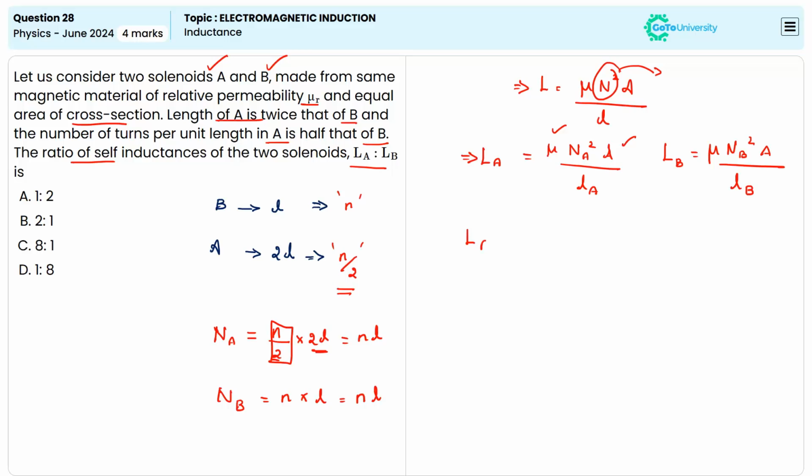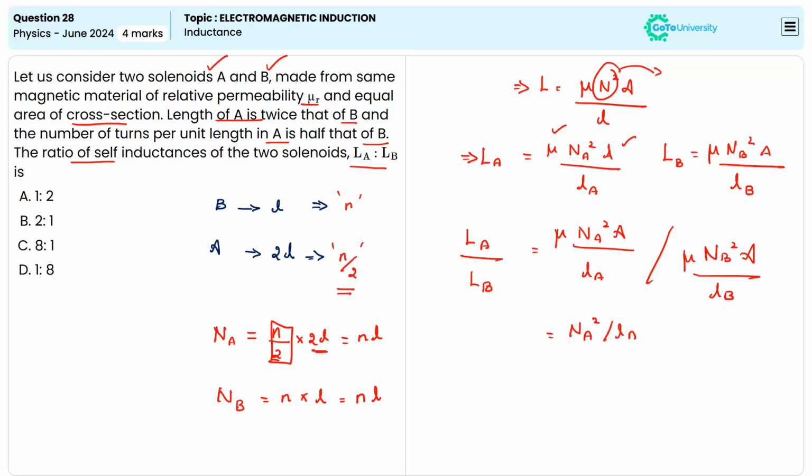So let us calculate the value of L_A divided by L_B, which will be equal to mu n_A squared A divided by L_A, divided by mu n_B squared A divided by L_B. When we simplify the terms, we get n_A squared divided by L_A, divided by n_B squared divided by L_B.